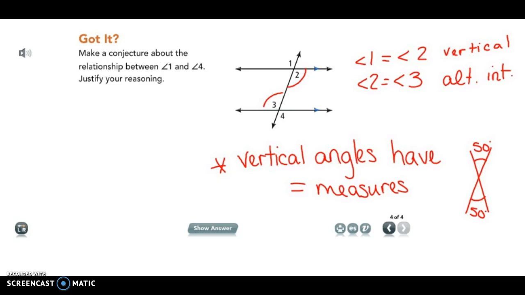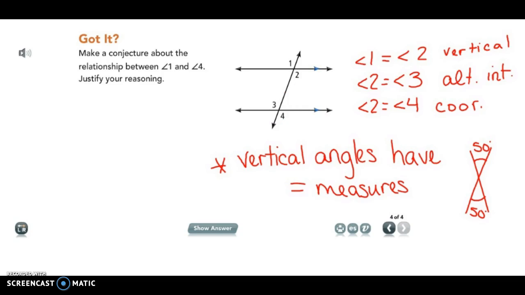And then we're going to take a look and say, okay, angle 3 and angle 4 are also going to be vertical angles, so they're going to be congruent. But you can also look at it and say angle 2 and angle 4 are going to be congruent, and that is because they're corresponding.